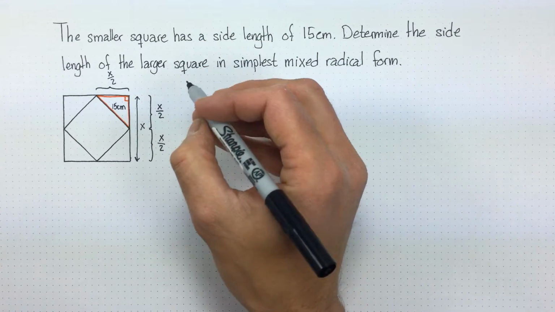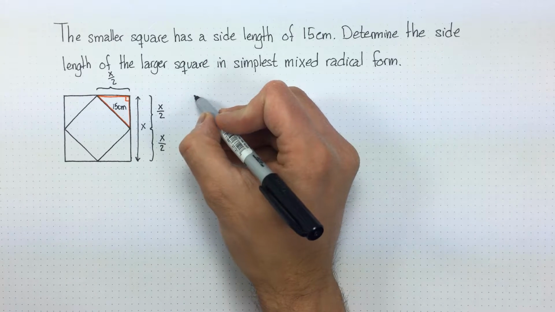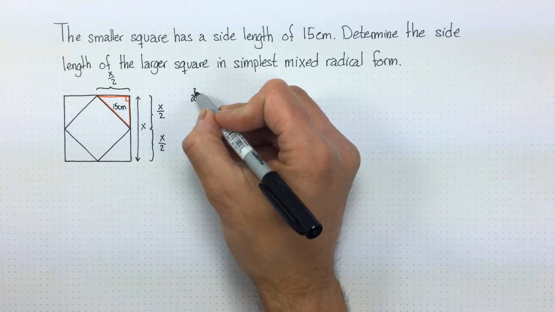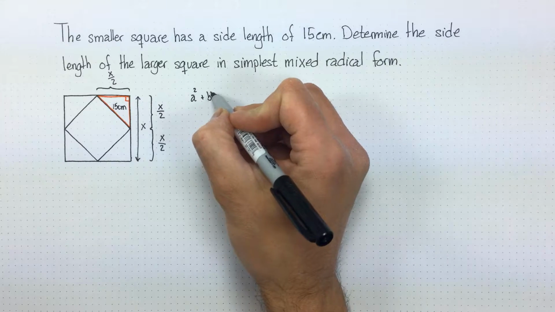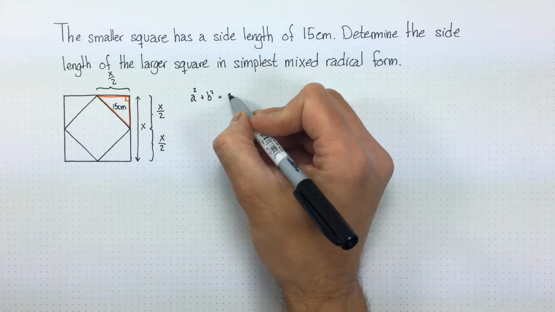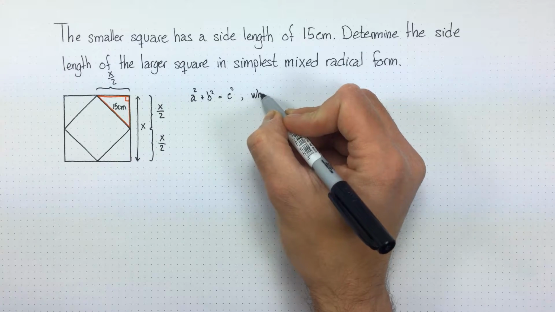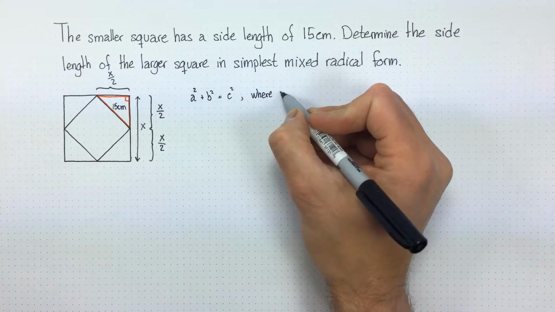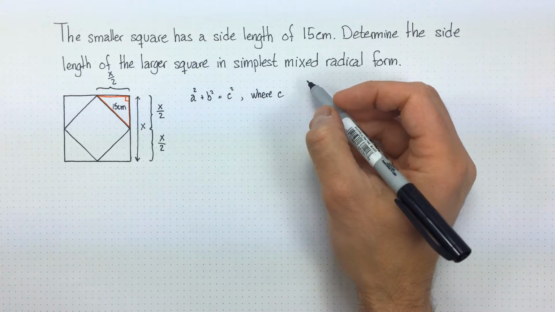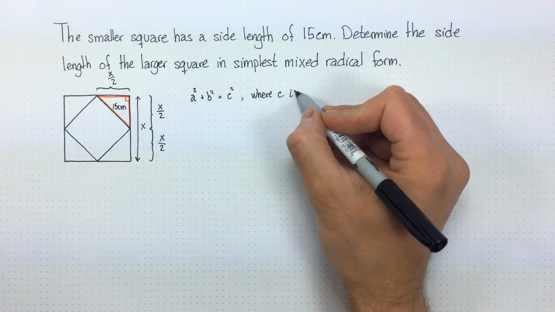Okay, so Pythagoras' theorem, in case you don't remember, is a squared plus b squared equals c squared, where c is the longest side in a right triangle.